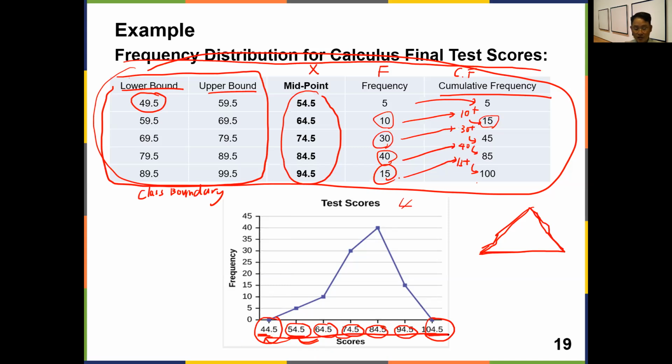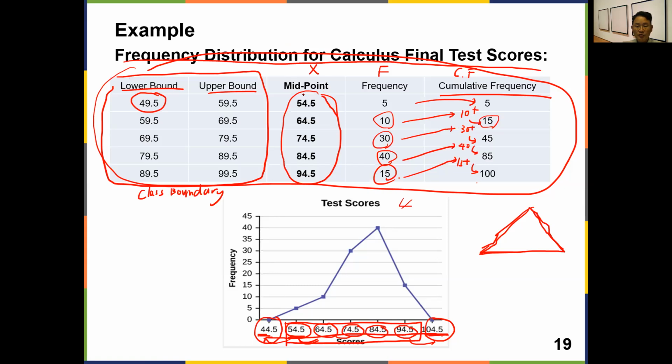Now this one right here, from 94.5, this is 10 up, which is 104.5. Because if you look at the midpoint, the actual point that we have is from here to here. That's the actual midpoint, right? You don't really have the first number or the last number.